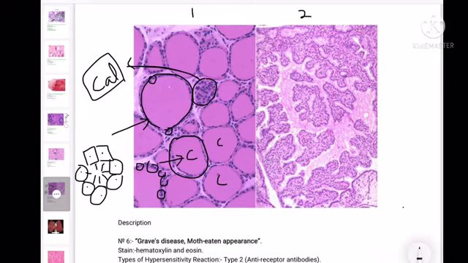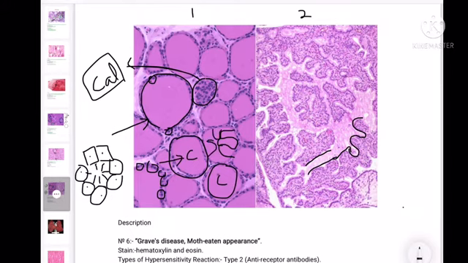If you compare this with the second image, we can see that all the follicles are disturbed. The colloid becomes small and less eosinophilic. Compare: this one is completely circular, here it is not completely circular. Like glandular cells, these cells are trying to come inside.